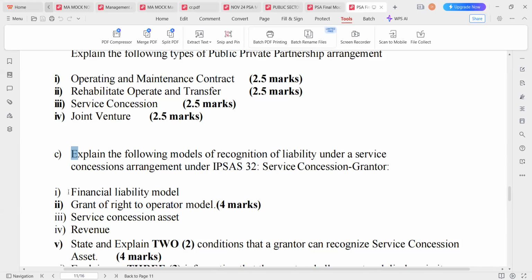You should know the financial liability model, grant of rights, operator model, service concession revenue, state and explain the conditions.